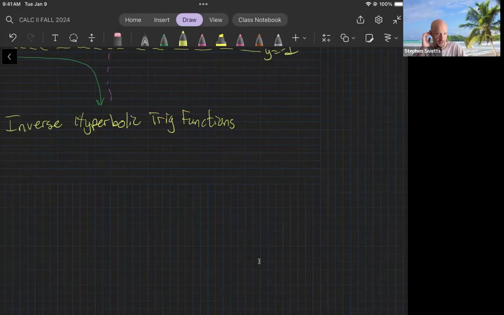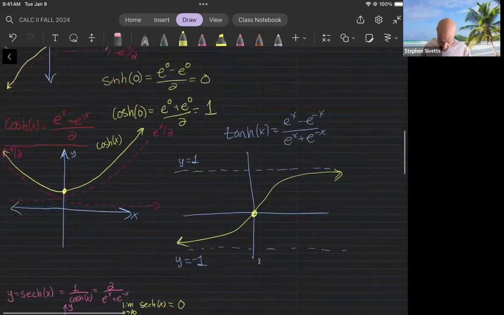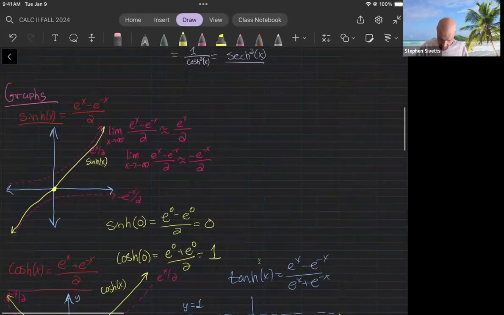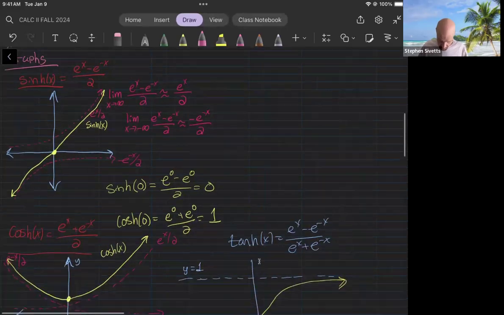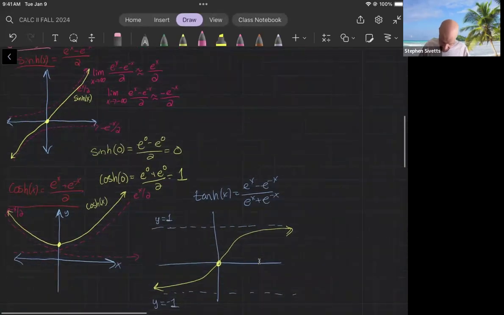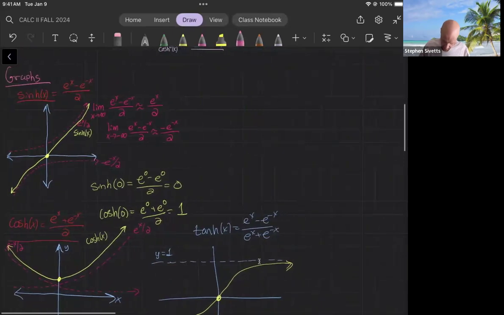I'll do inverse sine, but essentially the operations for the hyperbolic inverse tangent and hyperbolic inverse cosine will work the same way. Okay, so in order for an inverse function to exist, we want to check whether the function is one-to-one, right? So as you can see, to check for a one-to-one function graphically, you want to use the horizontal line test.